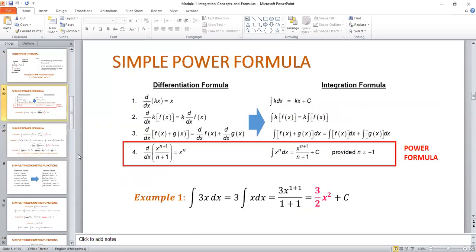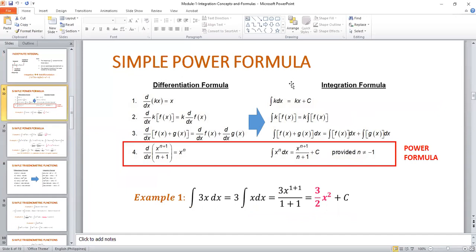Okay, so no question. So we go to the simple power formula. What's the simple power formula? From the term power formula, your function or your variable is raised to an exponent.